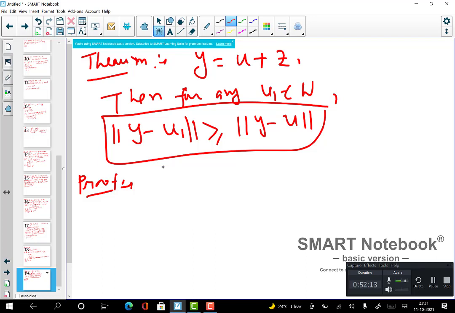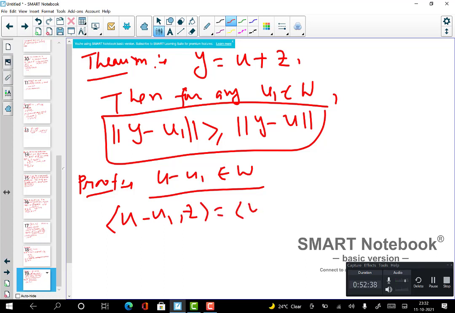Now you see that this vector u minus u1 is also an element of W, obviously, because u1 is an element of W and u is an element of W. But you see that this is also orthogonal to z. z was orthogonal to u, but z is also orthogonal to this, because the inner product of u minus u1 with z is the inner product of u with z minus the inner product of u1 with z, and both are 0. So this is also orthogonal.